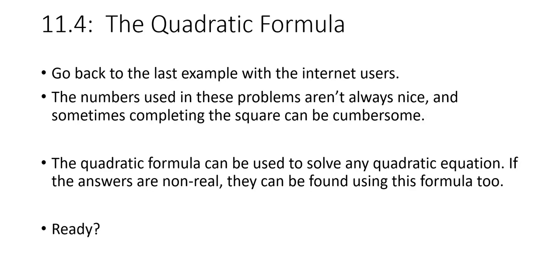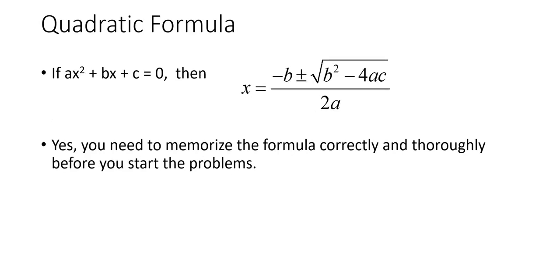So the quadratic formula can be used to solve any kind of quadratic equation, even if the answers are not real. So, are you ready for the quadratic formula? Here it is. First of all, it works if ax squared plus bx plus c is equal to 0. So we got to put that equation in a form that's set equal to 0. If that's the case, then x equals, I call it the opposite of b.